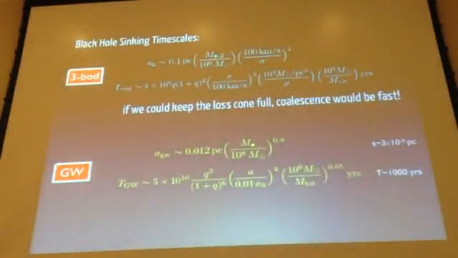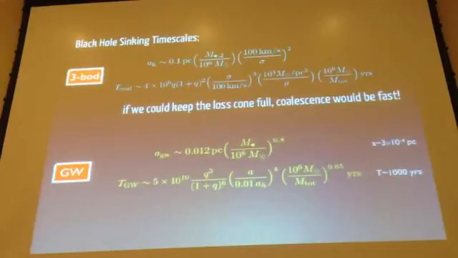All right, so in the 3-body scattering regime, the separation between the black holes depends upon the mass of the black hole and the velocity dispersion of the neighboring stars, because you've got to interact with stuff. This is an astronomer's equation, so they tell you what units they really want. For a 10^6 solar mass black hole, that's about 0.1 parsecs.